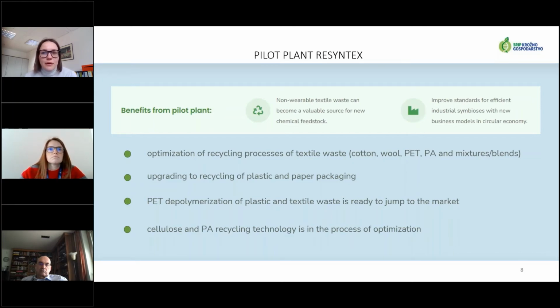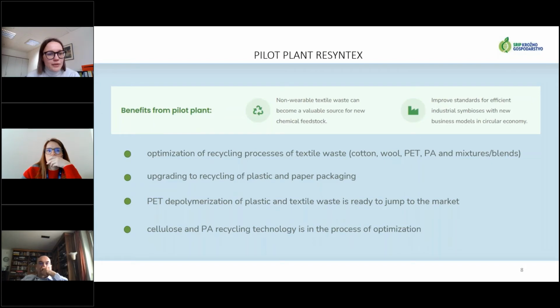And also with this pilot plant, the possibilities for industrial symbiosis become much easier to put in practice. So what they already put in place in the plant is the optimization of recycling processes of textile waste, cotton, wool, PET, PA, and mixtures, blends.